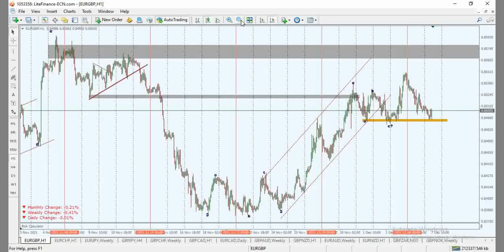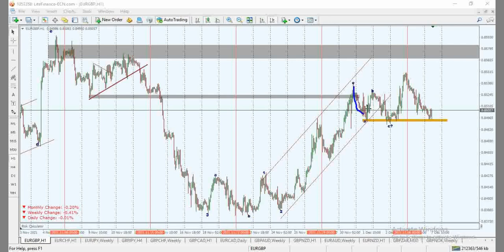So initially I was looking at maybe, just maybe, a 1, 2, 3, A, B, C, some sort of corrective wave pattern here for the next move, but price then went flat and created this structure here, which looks crazy.